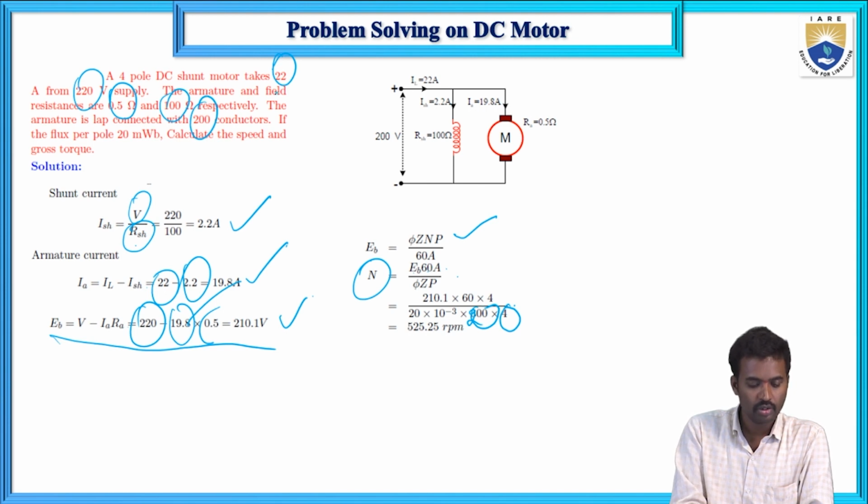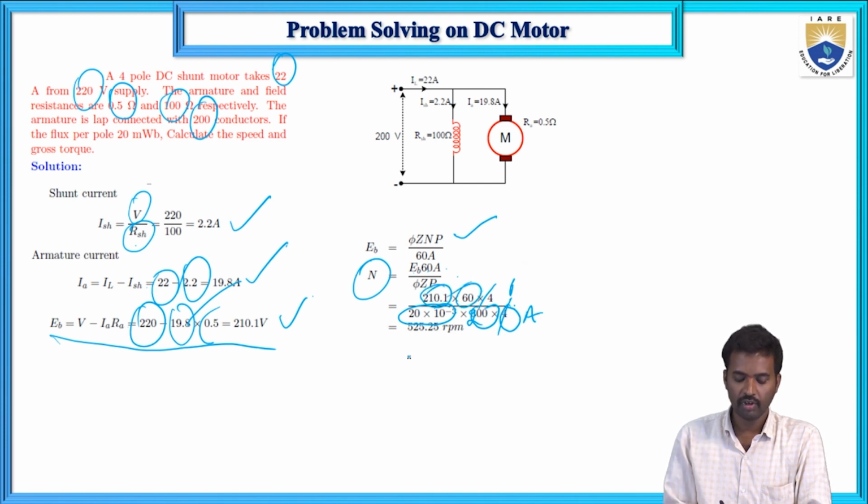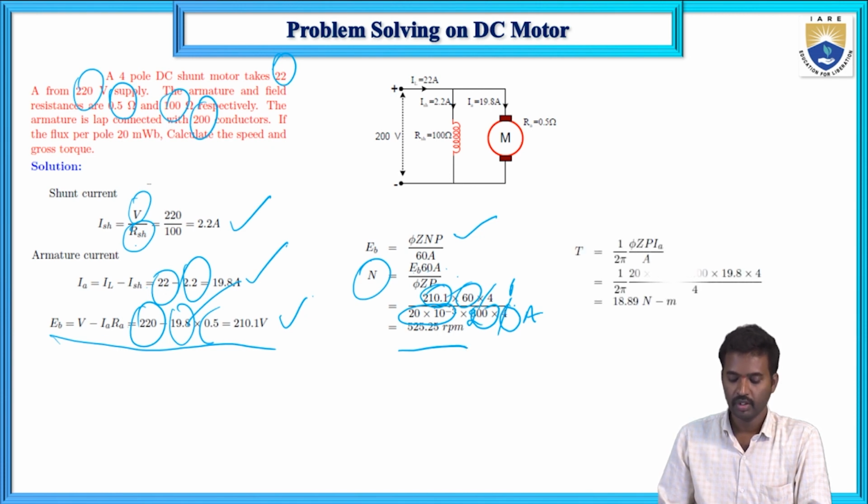Lap connected means A equals P, which is 4, and phi is 20 milliwebers, EB 210. So the final value of N equals 525.5.